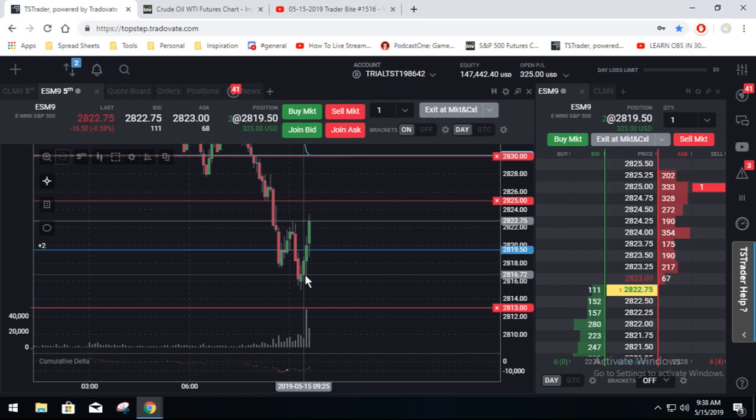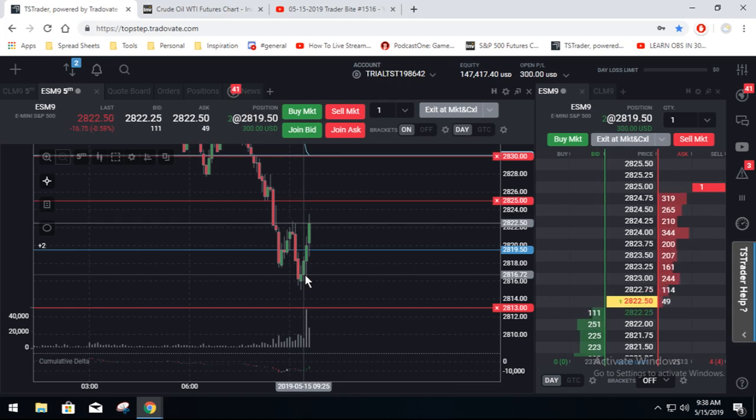If you entered at market open 16, that's your position exit on your scalp. If you're trading more than one contract, you would have a 6 or 7 point trade on.